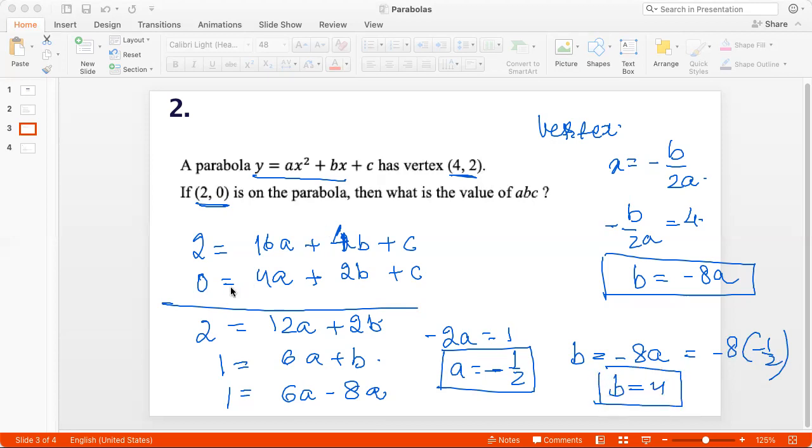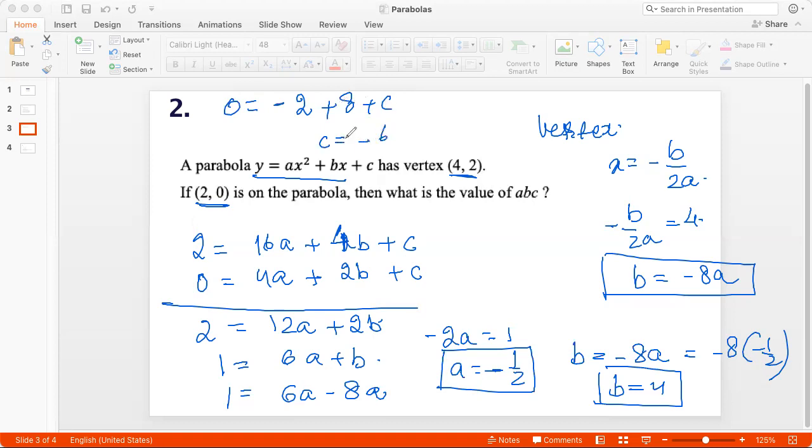And to find c, I can just substitute it in one of these. So I can use this equation. 0 = 4a, which is −2, plus 2b, which is 8, plus c. So 0 is c plus 6.